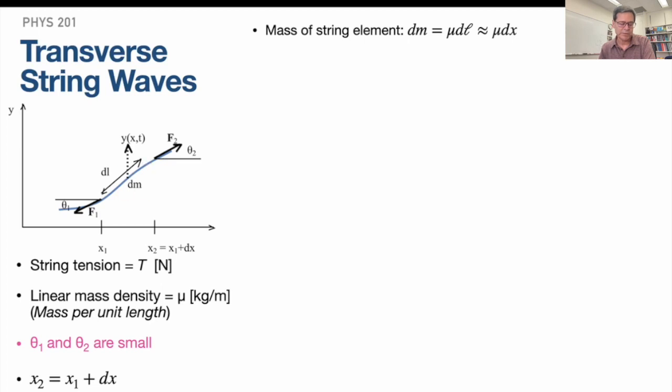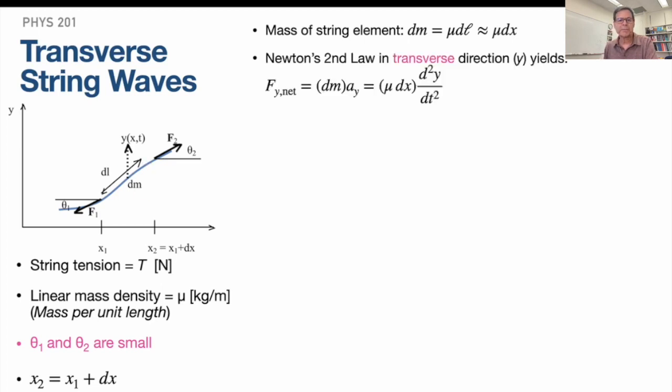So my small element of string has mass dm, and we can apply Newton's second law to see how this governs the motion. So Newton's second law, F equals ma, of course, tells you that there's an acceleration when there's a force applied to a mass. In this case, we have the force that's in the string. The mass of the string element is dm.